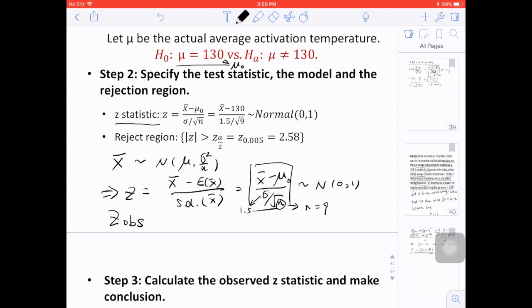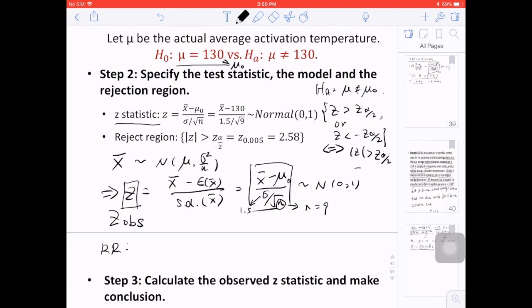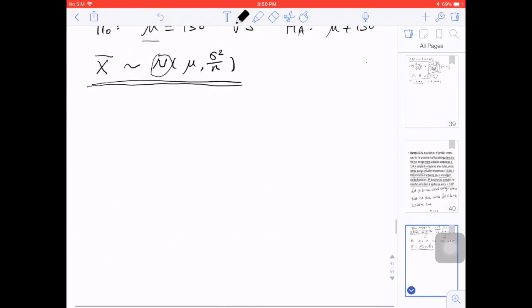Then we need to figure out the rejection region. It's pretty similar to the previous example about the proportion, because here we are still using this z, and my alternative hypothesis is mu not equal to mu 0. So the corresponding rejection region should be z larger than z alpha over 2, or z smaller than negative z alpha over 2.